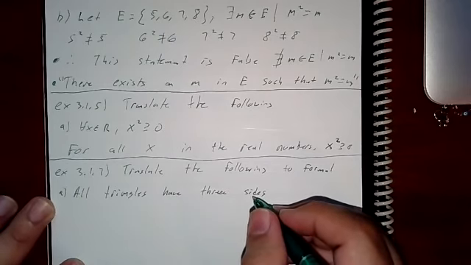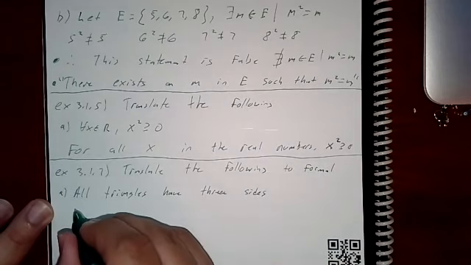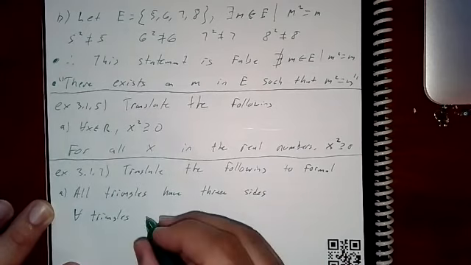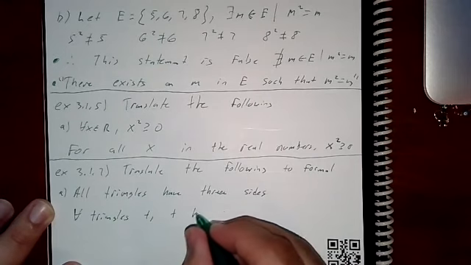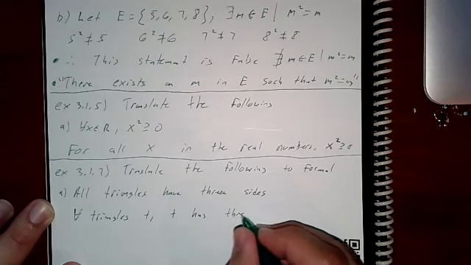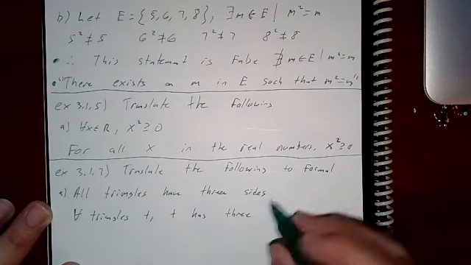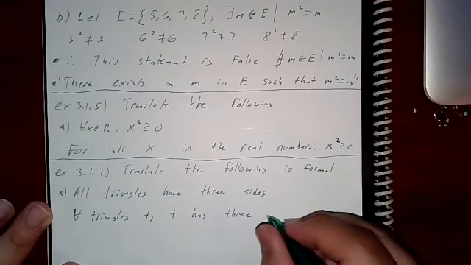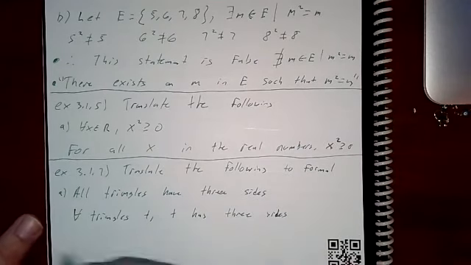So that's the same thing as saying, if we change it to symbolic, for all triangles T, T has 3 sides. So we basically create a variable for all triangles, or for a random triangle. So all the triangles T, comma, T has 3 sides. It'll be pretty much something like that.